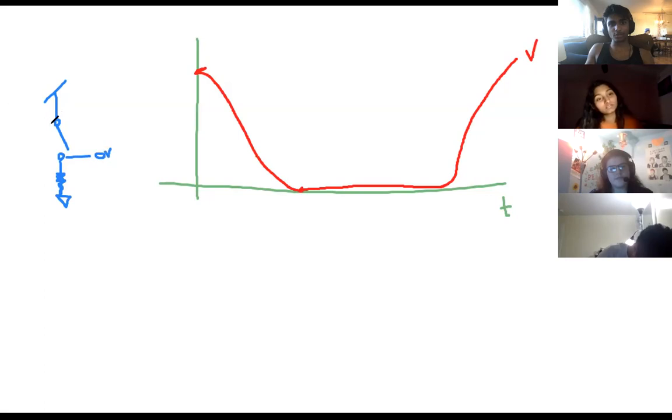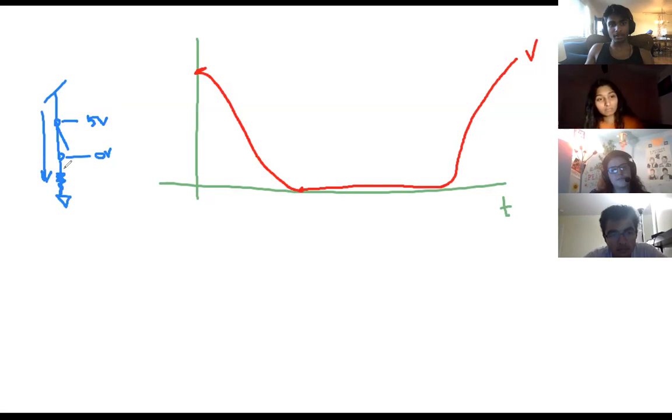And since this value is floating, it's immediately just going to tie to this 5 volt value. But let's say we close this switch. All of a sudden there's this path for current to flow, and that's through here, right?